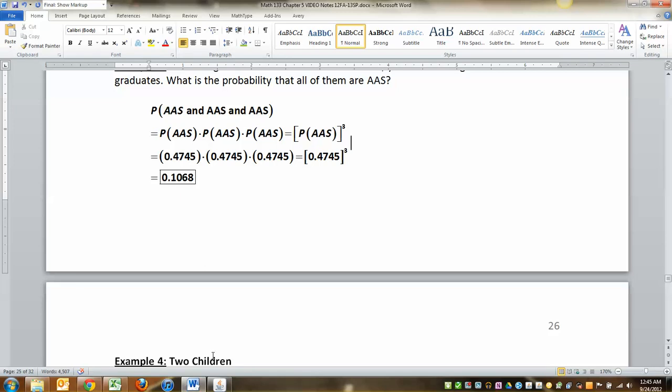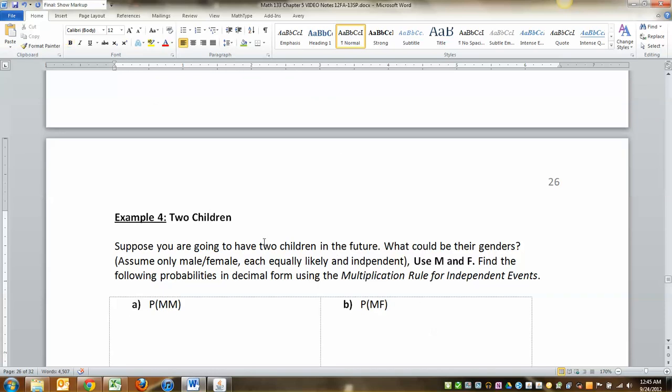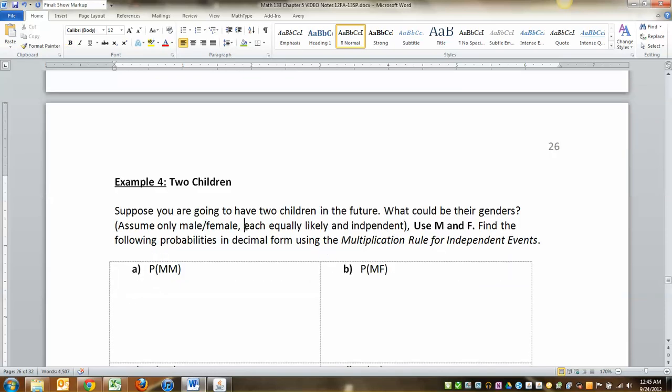All right, let's expand our minds a little bit and look at the 2 children example. Suppose you're going to have 2 children in the future. What could be their genders? Assume male or female only, each equally likely and independent. Now, what's the probability of male, male?